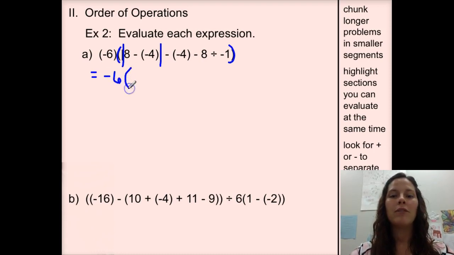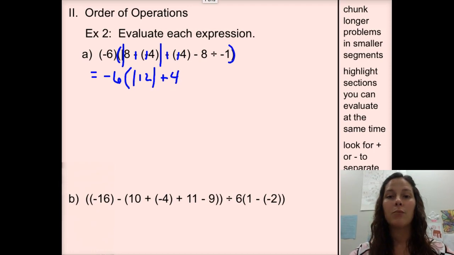So starting inside the innermost set of parentheses, I'm going to drop that first parenthesis because I don't really need it. I'm going to evaluate the absolute value of 8 minus negative 4. So if you remember your subtracting rules, we add the opposite. So it becomes 8 plus 4, and I'll be taking the absolute value of 12. I'm going to again use my add the opposite rule here, and this will become plus 4.